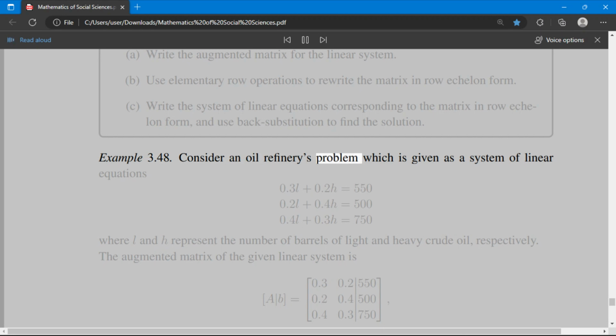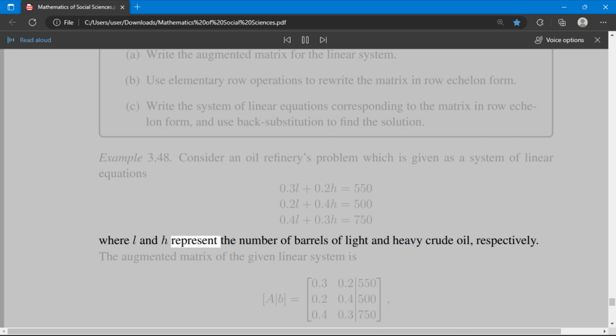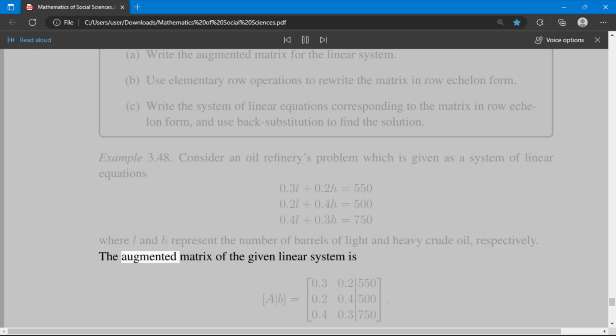Example 3.48. Consider an oil refineries problem which is given as a system of linear equations: 0.3L + 0.2H equals 550, 0.2L + 0.4H equals 500, 0.4L + 0.3H equals 750, where L and H represent the number of barrels of light and heavy crude oil, respectively.